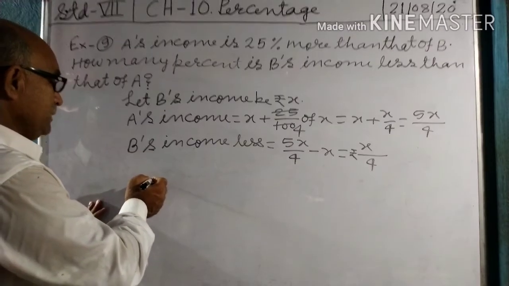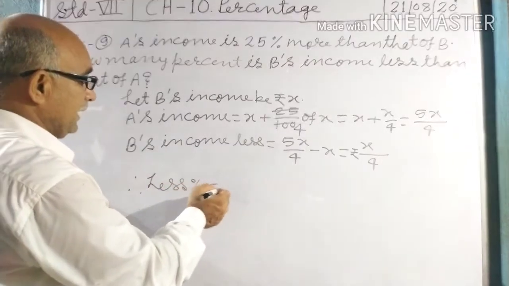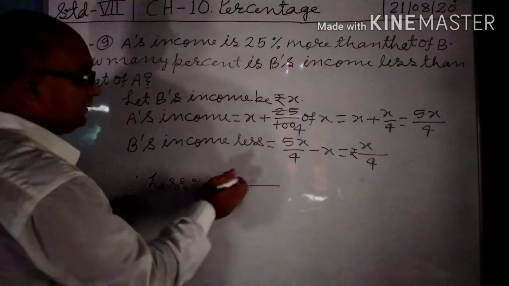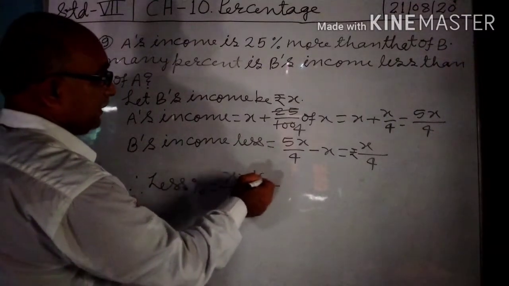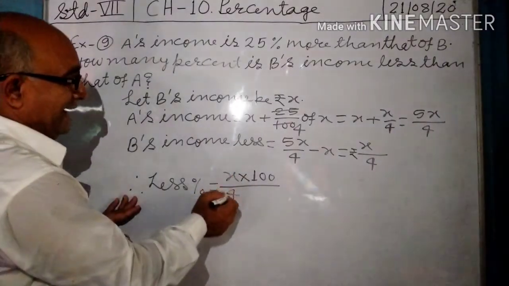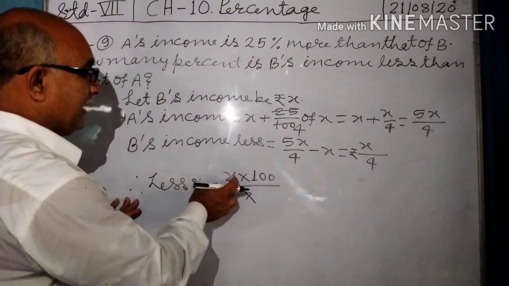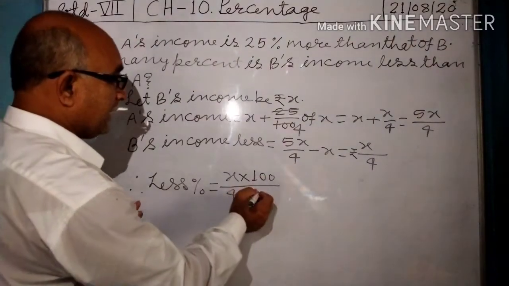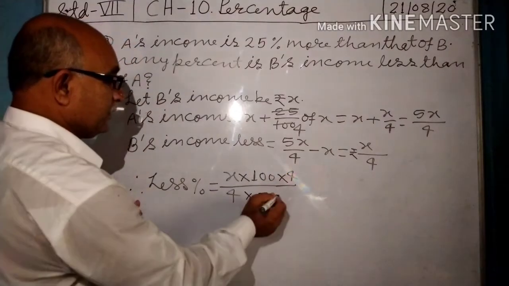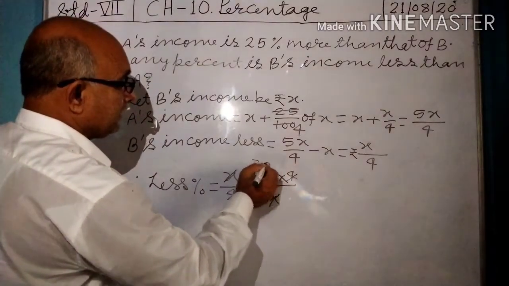Therefore less percent: x by 4 into 100 by 5x by 4. x and x cancel, 4 and 4 cancel, and 25 fours are 100.